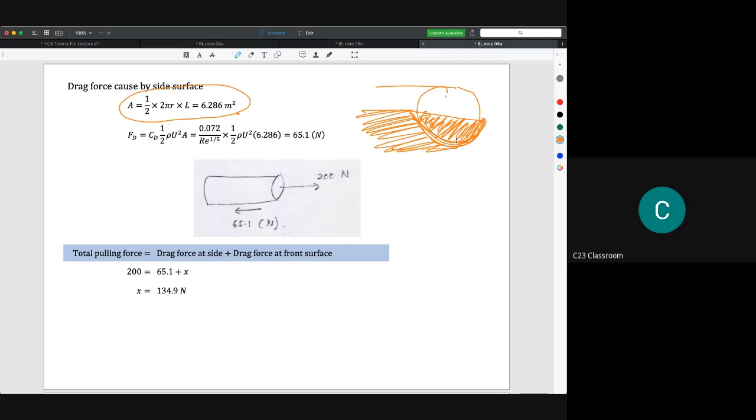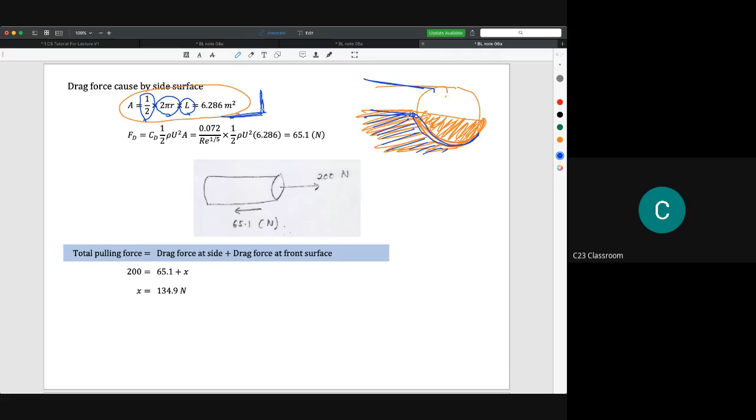Please make sure that you use parameters related to the equation. Because I use the idea of boundary layer, we need to calculate the area that is influenced by the boundary layer. That's why we calculate it as 1 over 2, half of the perimeter 2 pi r, times L, the length of this timber, and we get around 6.2 square meters.